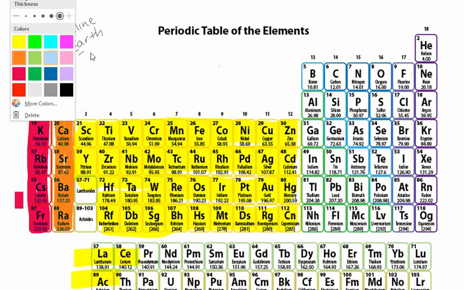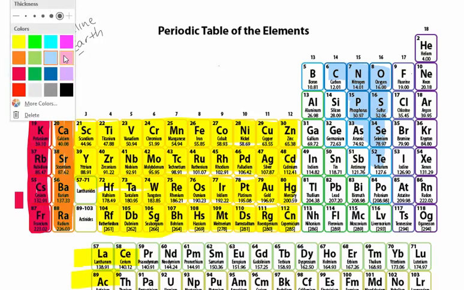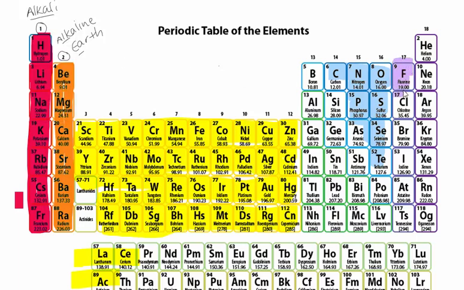Then we come over here and we have nonmetals. I'm going to give just a quick fill in here. These nonmetals are primarily what we look at when we're looking at organic chemistry, but these nonmetals are going to be important moving forward for our class as well. Then we have these here.